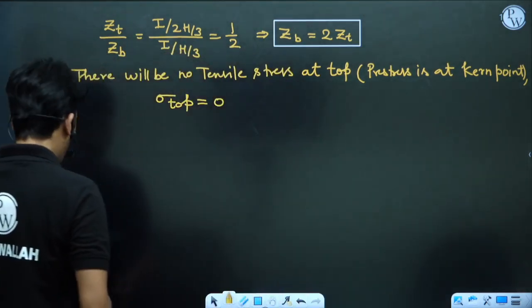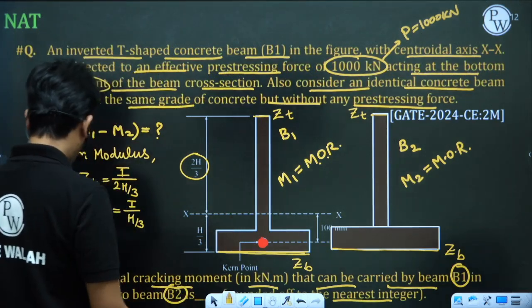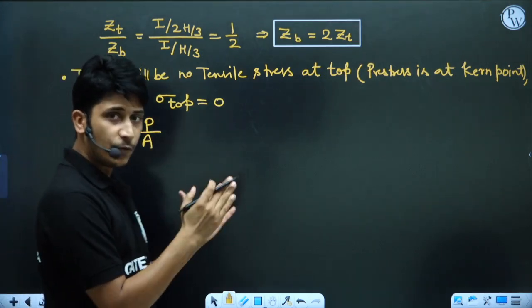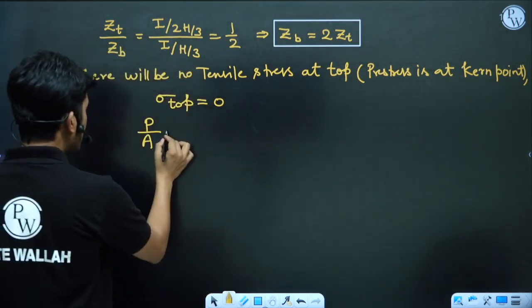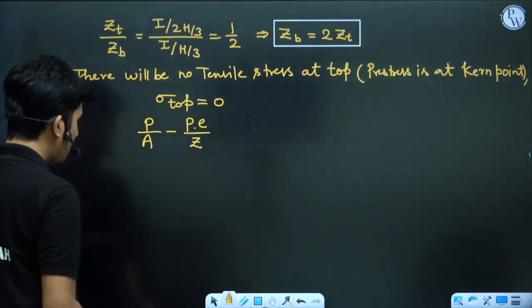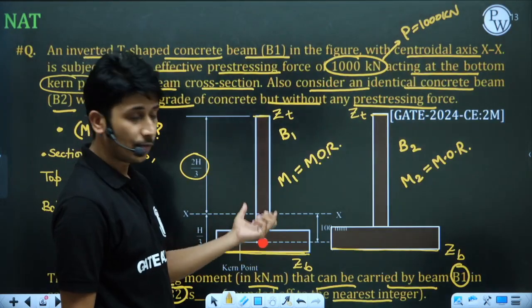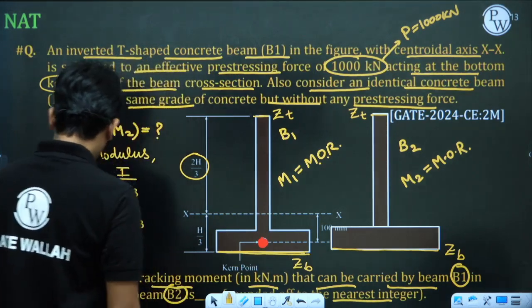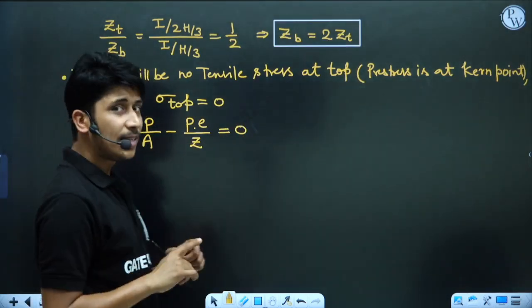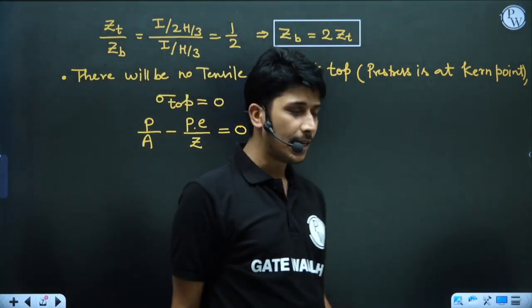So at the top, when only pre-stressing is there, the stress will be P by A due to the compressive force, and minus P into E by Z due to the moment of this pre-stressing force, P into E, and that will be equal to 0. If the load is at the Kern point, there will be no tensile stress at top.